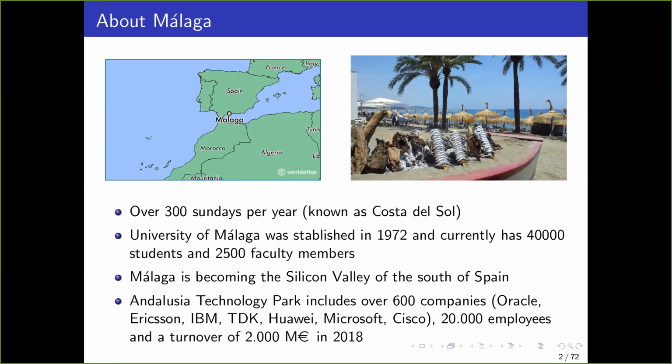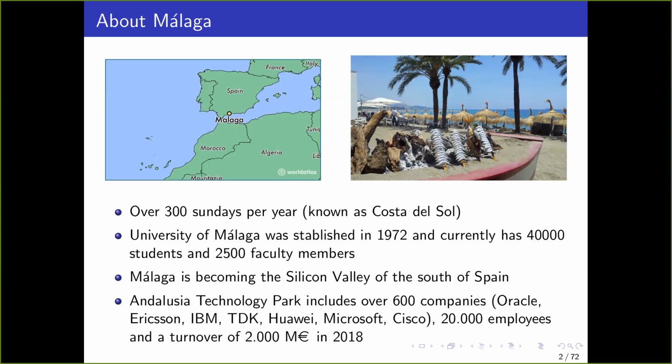But it's not only about sun and the beach. We also have a nice university that was established in 1972, and we have right now around 40,000 students and 2,500 faculty members. There are also more and more technology companies settling here in Málaga.